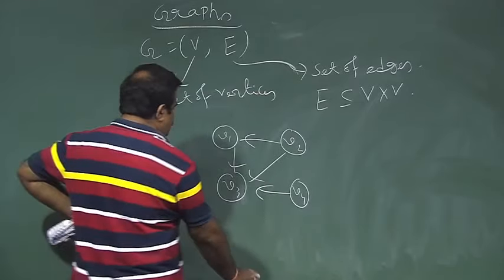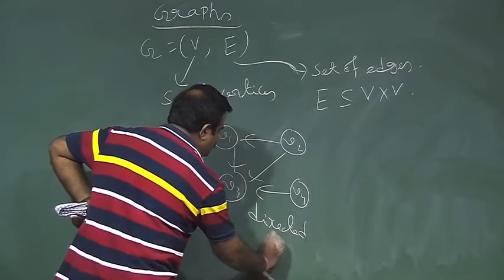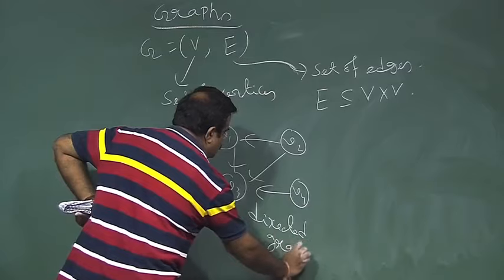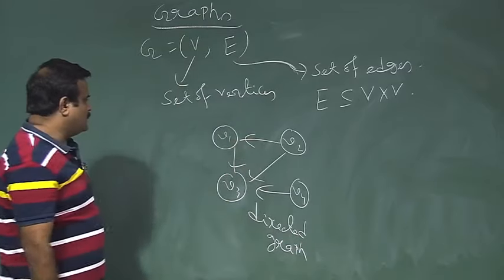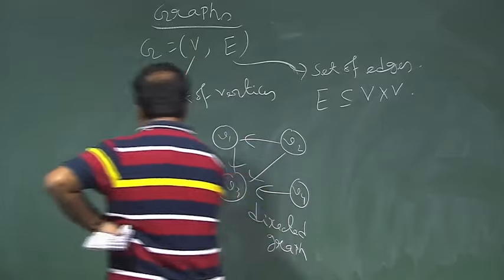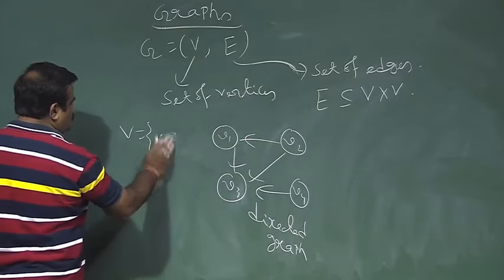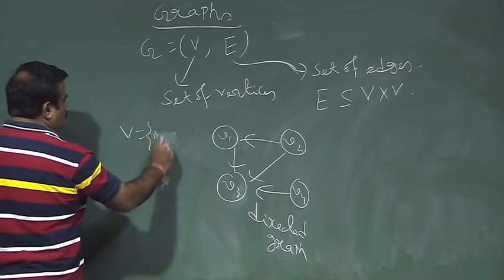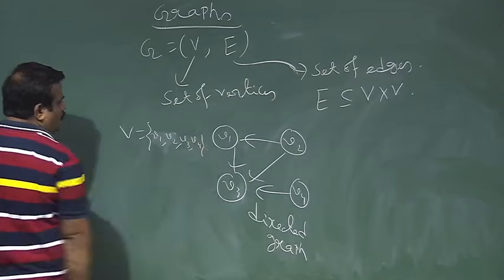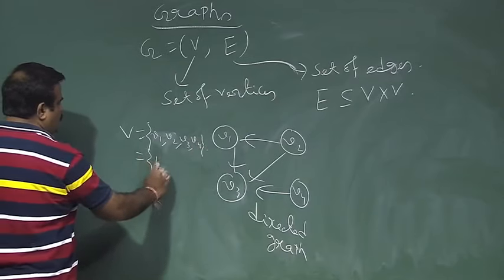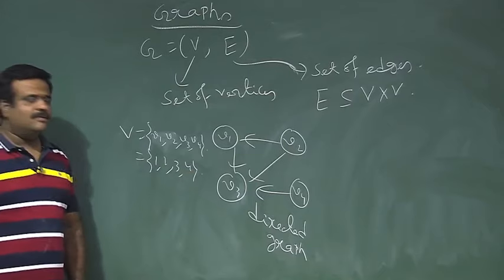This is a directed graph, or digraph, because we have direction in the edges. The vertex set V is V1, V2, V3, V4, or for simplicity we can just write 1, 2, 3, 4.